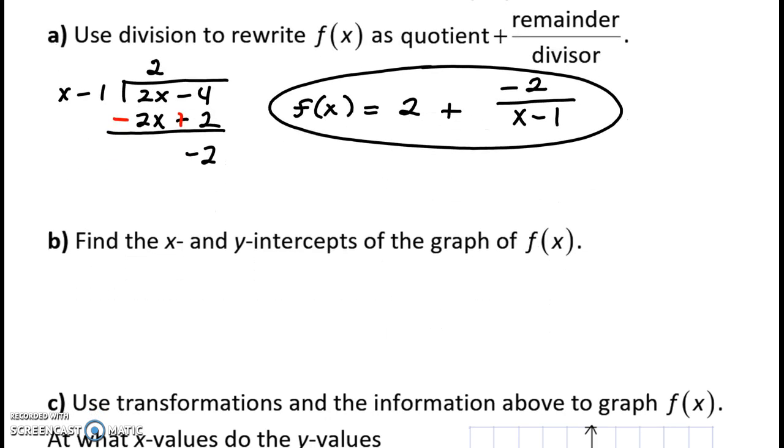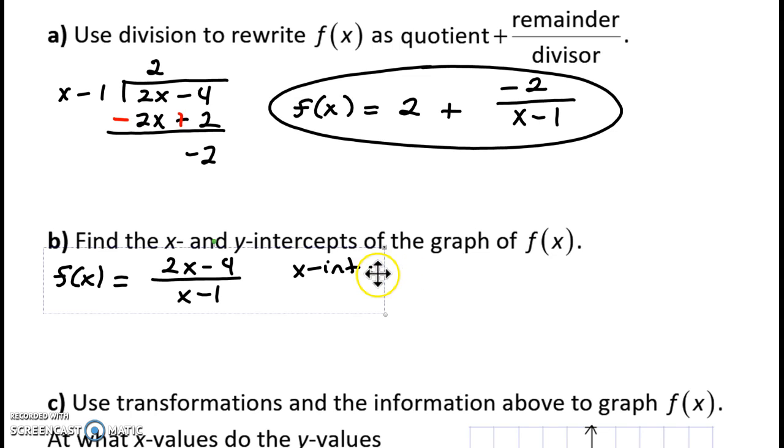First, before we do that, we're also going to find the x and y intercepts of the graph of f(x). To do this, we're going to use the original form of the function, which was (2x - 4)/(x - 1). Now, if you recall, an x-intercept happens when y is equal to 0. So we'll set y, or f(x), equal to 0.